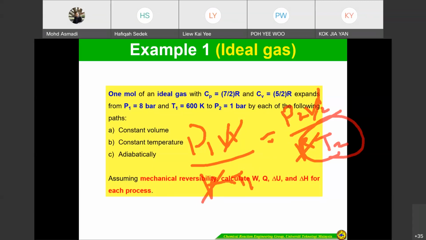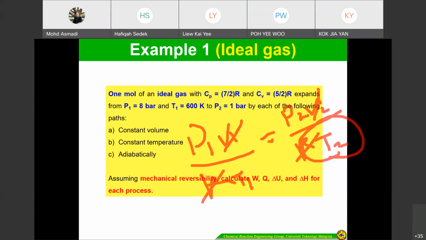Give me. What? 75 Kelvin. Yes, T2 is 75 Kelvin.